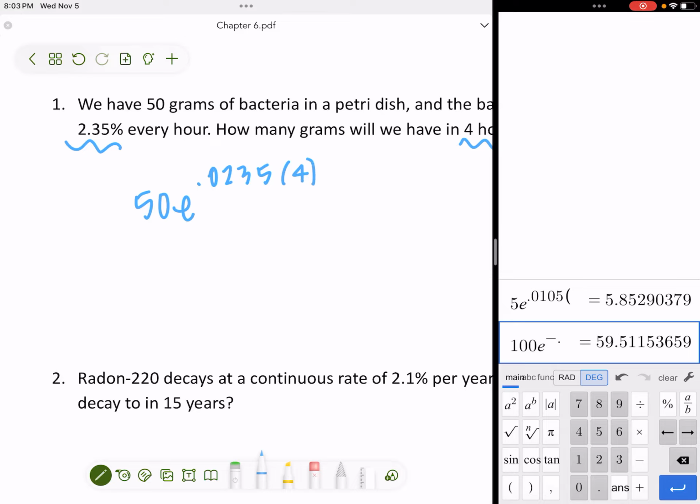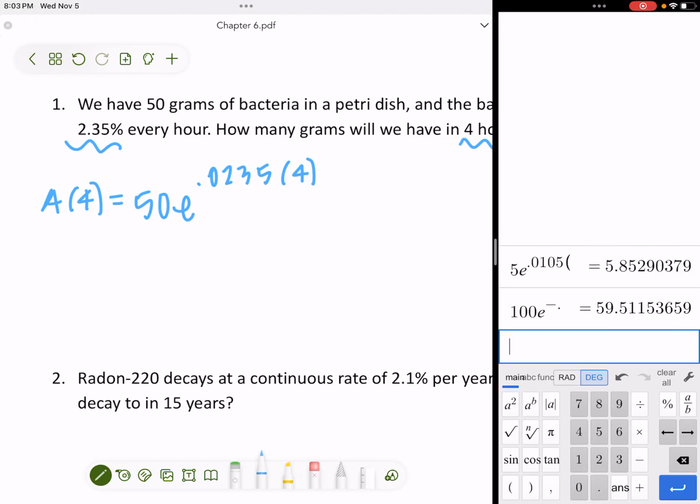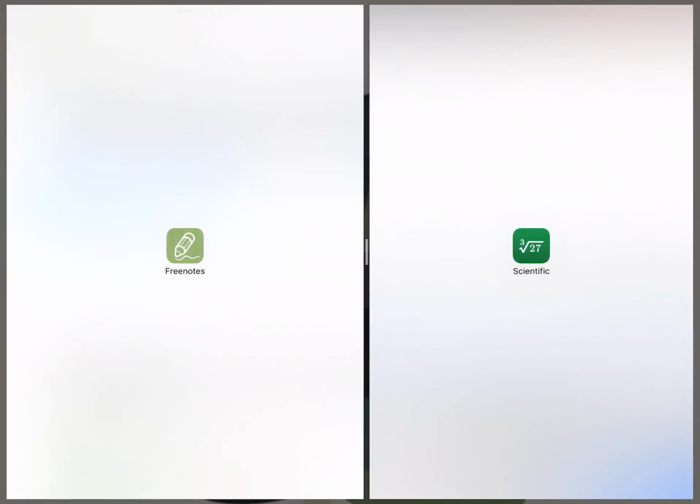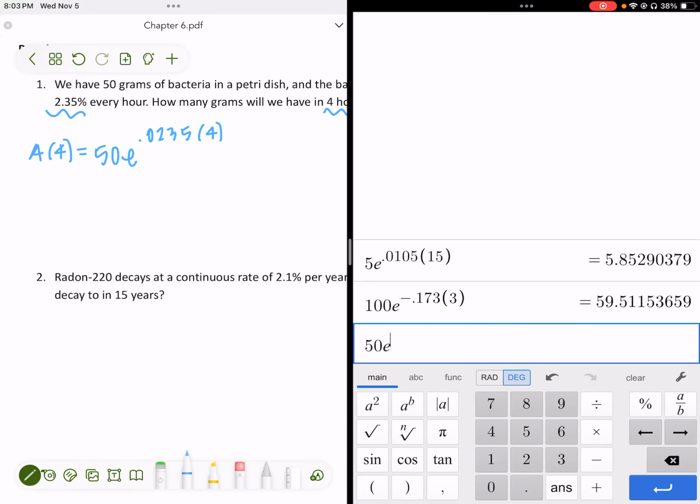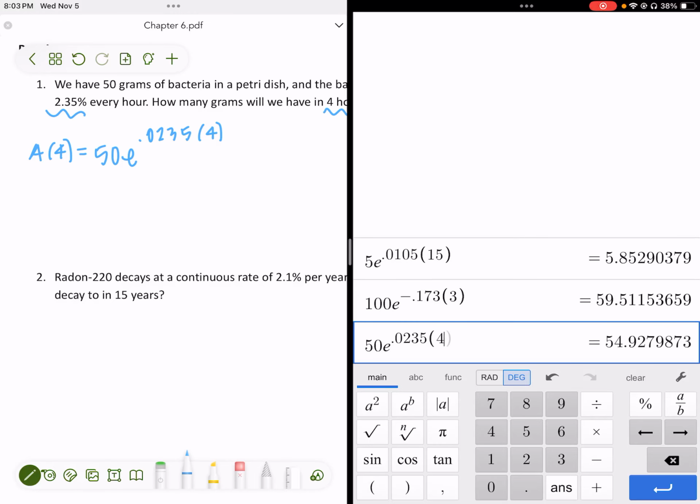We want to know how much is left in 4 hours. Let's plug it in. 50 e to the power of 0.0235 times 4. We're going to have 54.93 grams.